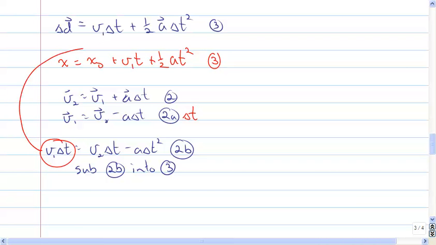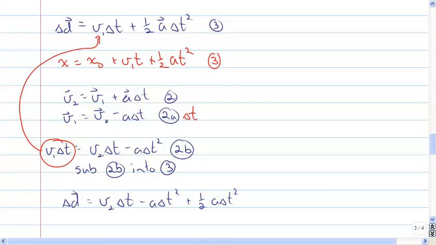So that's going to look like that. Wherever I see V1, I'm going to substitute V2 delta T minus A delta T squared. And that'll give me this. So my displacement is going to be, instead of V1 delta T, V2 delta T minus A delta T squared plus 1/2 A delta T squared.